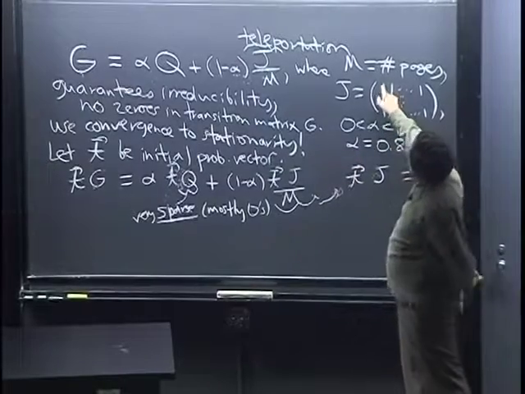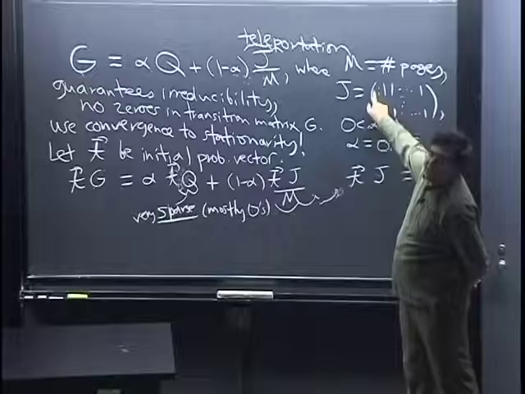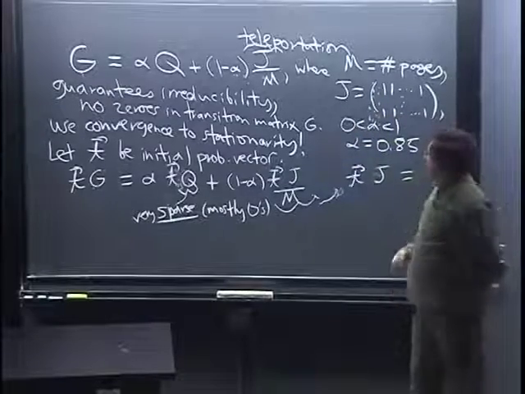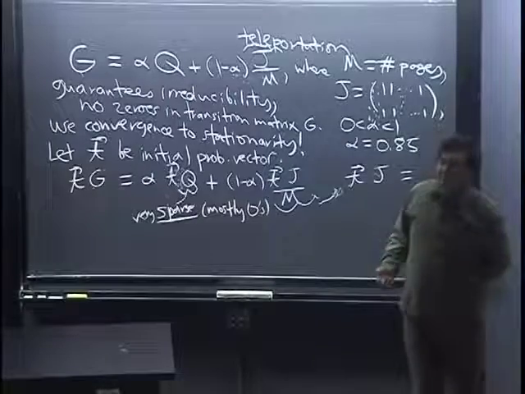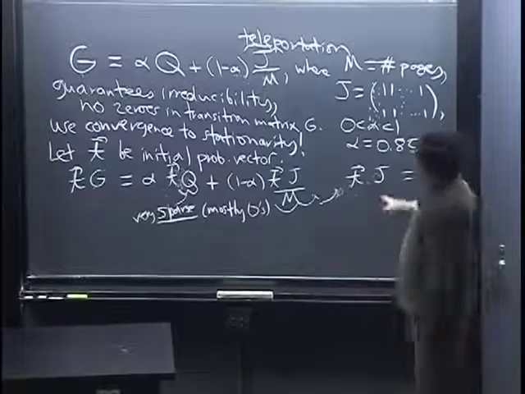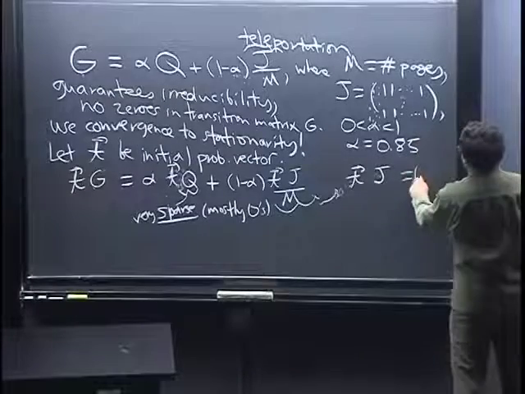But a dot product with all 1s just says add up the entries of t. Well, if you add up the entries of t, you get 1, because t is a probability vector. So t times J is just all 1s.